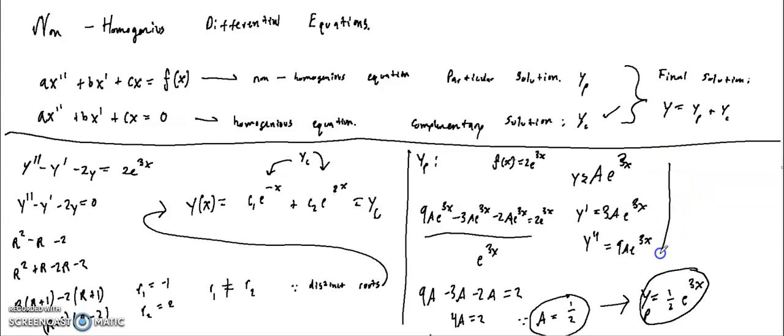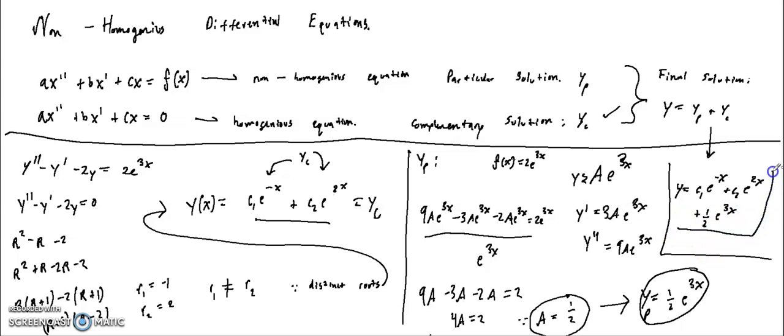And our final solution is just this plus that. So y equals c1 e to the negative x plus c2 e to the 2x plus 1/2 e to the 3x.